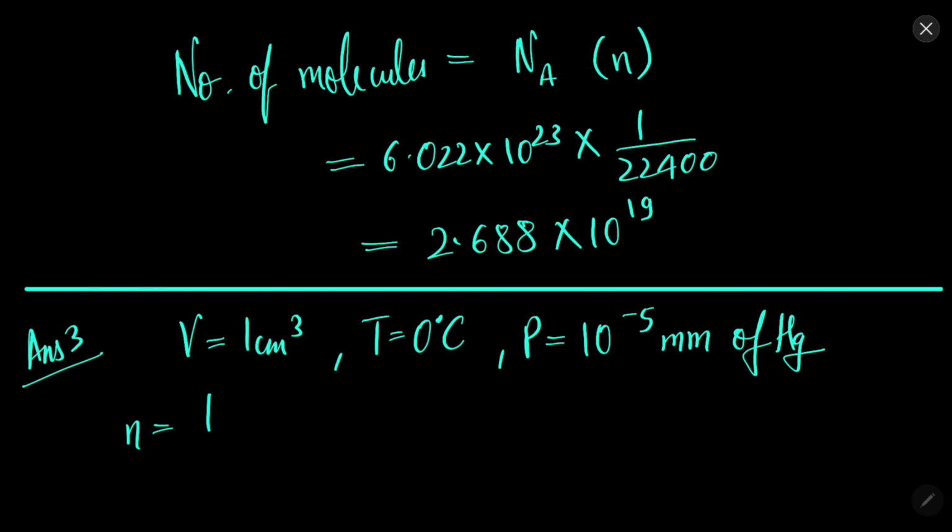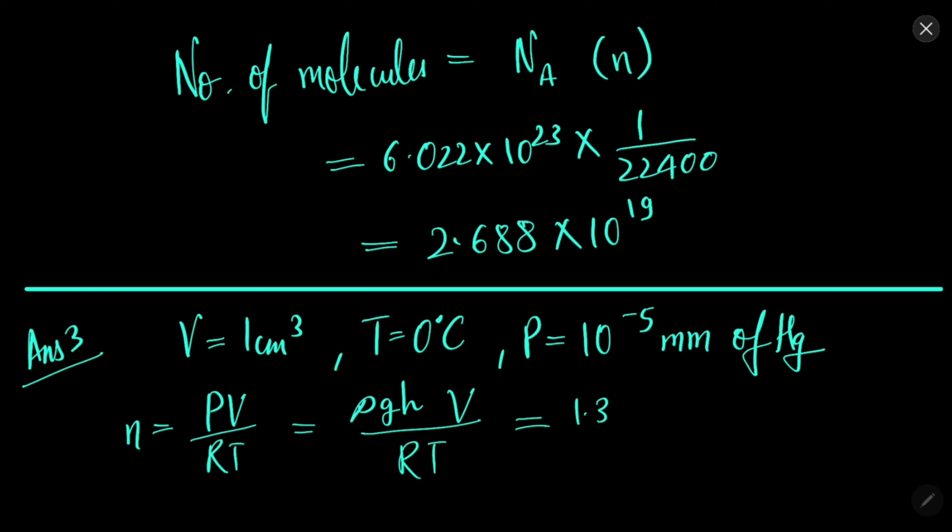So n equal to PV over RT. We can write pressure as rho gh, where rho is the density, g is the acceleration due to gravity, h is the height.